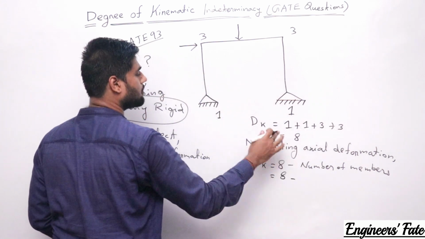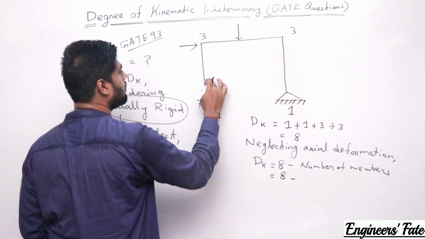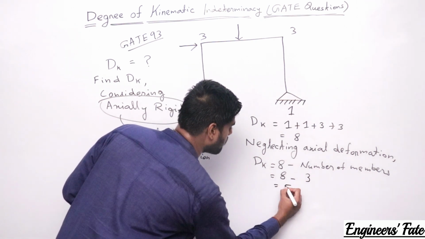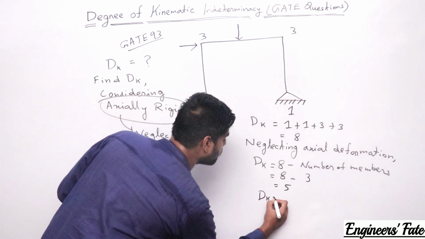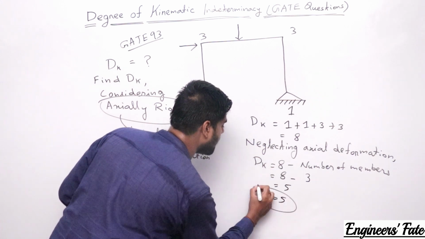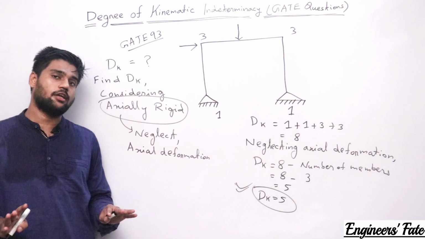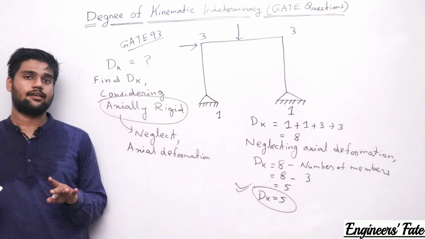How many members are there? This is a frame: 1, 1, 1, 3 members. So DKR equal to 5 will be my final answer. I hope you have understood this. Try the next GATE question.